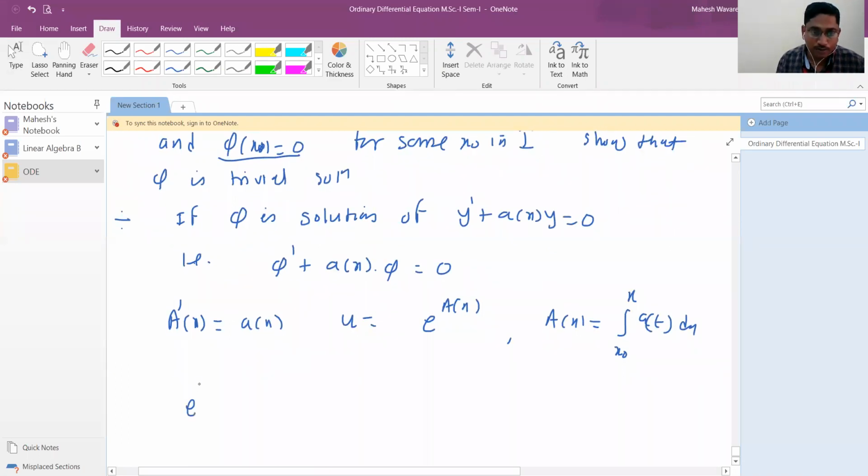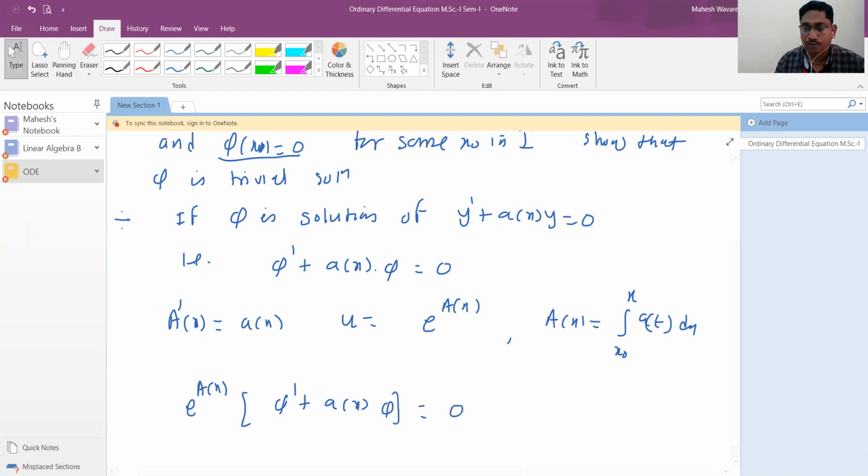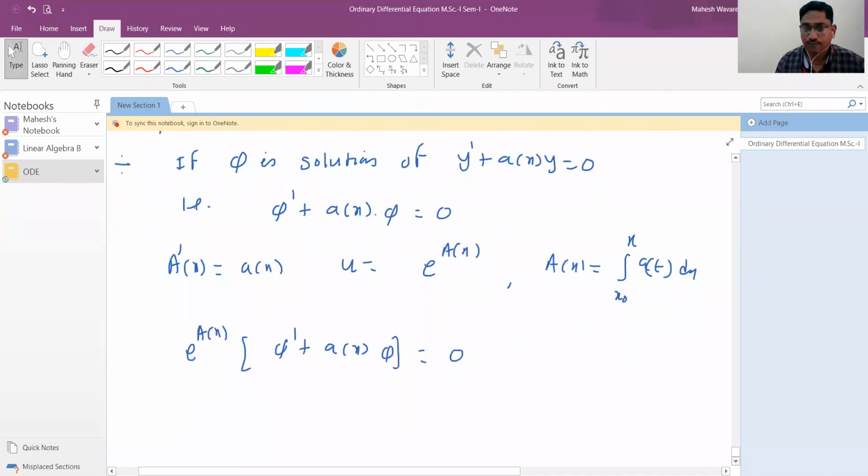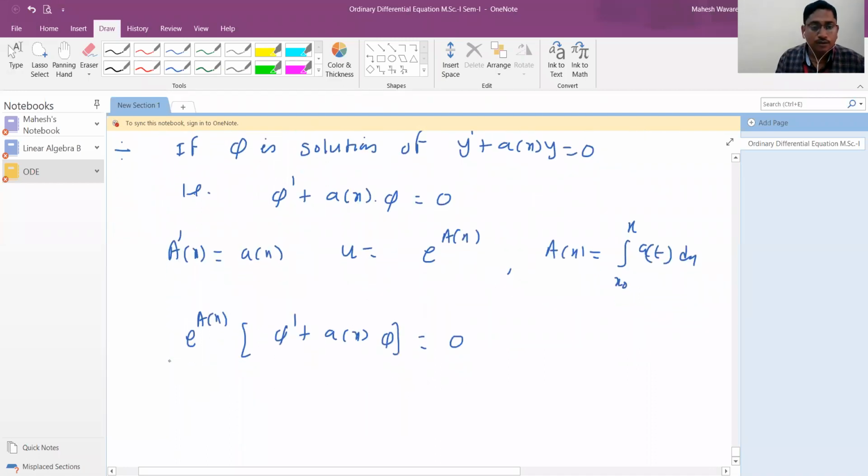On multiplying by that factor to both sides, the left hand side becomes the total derivative term. Right hand side is 0, so 0 into that term becomes 0. So left hand side is the derivative of e to the power a of x into phi, equal to 0.